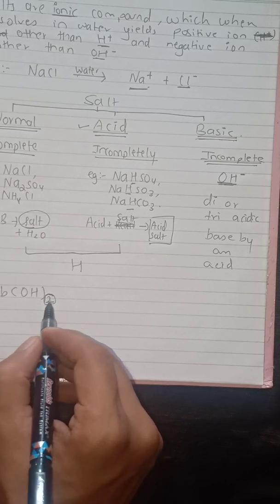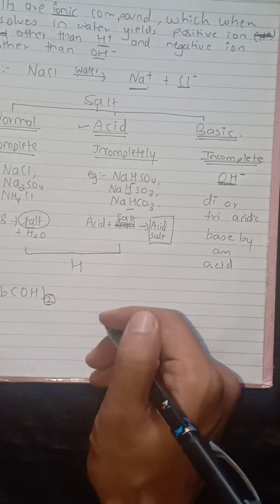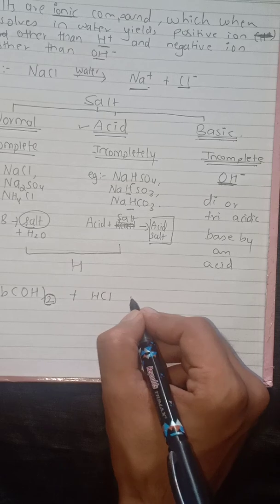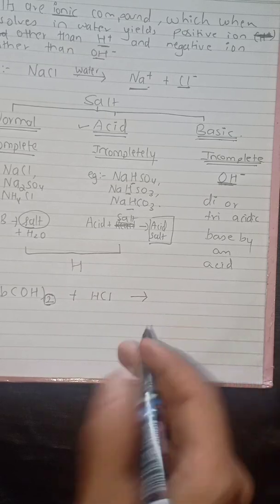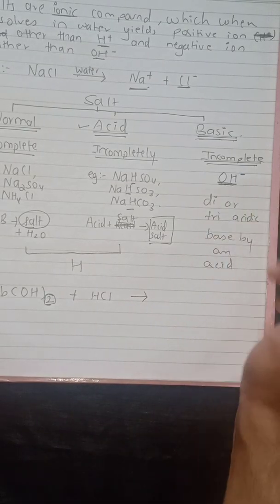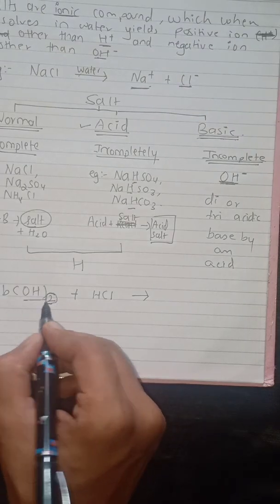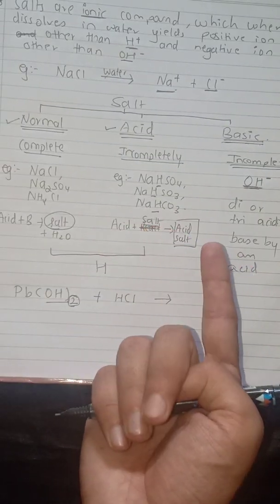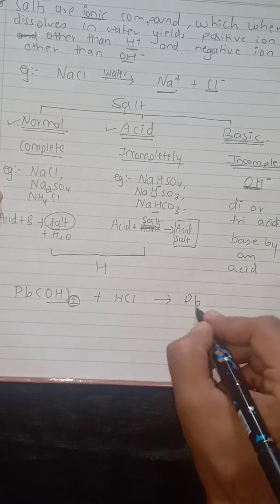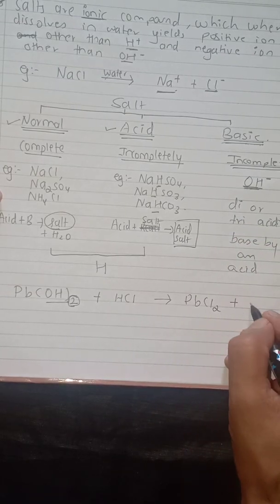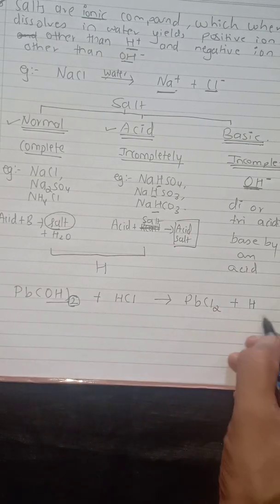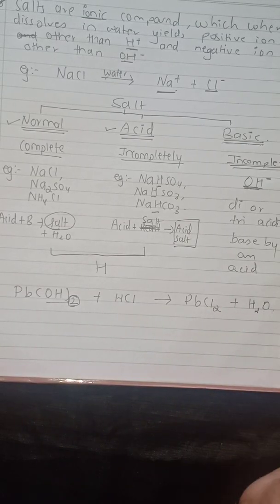It's called a diacidic base, and it is going to react with HCl. So what is going to happen? This is incomplete. See, there are 2 OH. Out of that, only one is going to get replaced. So we will be forming PbCl2. Okay, see, here H2O will get formed.